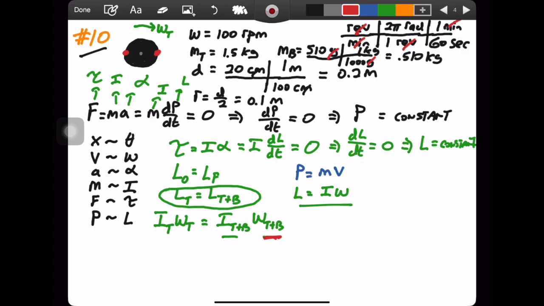To do so, what we can do is divide both sides by the moment of inertia of the turntable block combo, which is to say omega turntable plus block, that's what we want to solve for, is equal to I turntable, okay, this is before the masses fell, divided by moment of inertia of the turntable plus block combo, and that is multiplied by the angular velocity omega of just the turntable by itself.